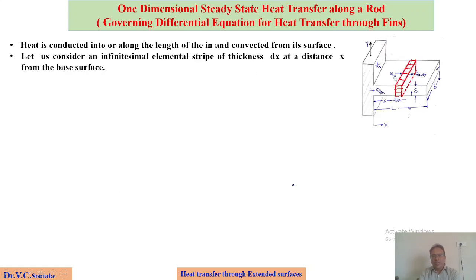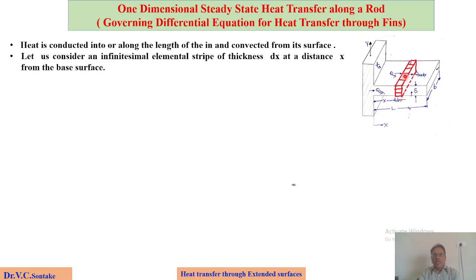When this fin is attached to the base surface, heat is being conducted from base or root of the fin towards the tip along the body of the fin. Also, heat is convected from the surface of the fin. So, there are two modes of heat transfer, conduction as well as convection.